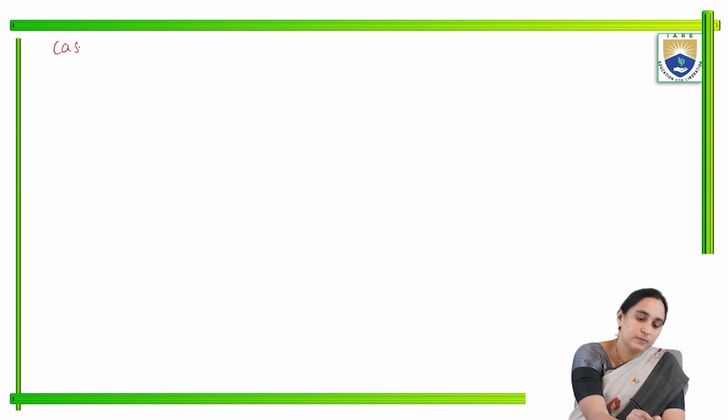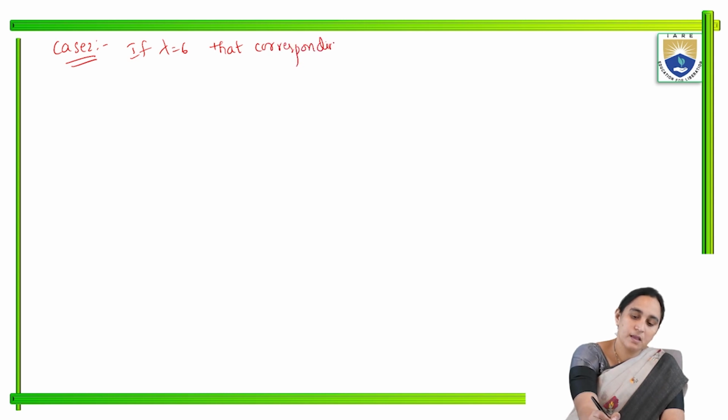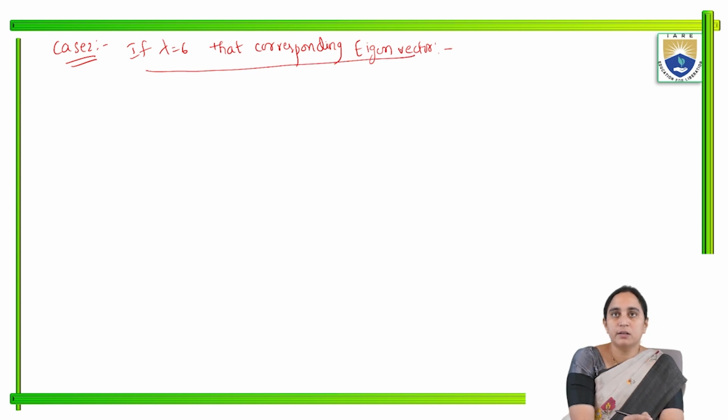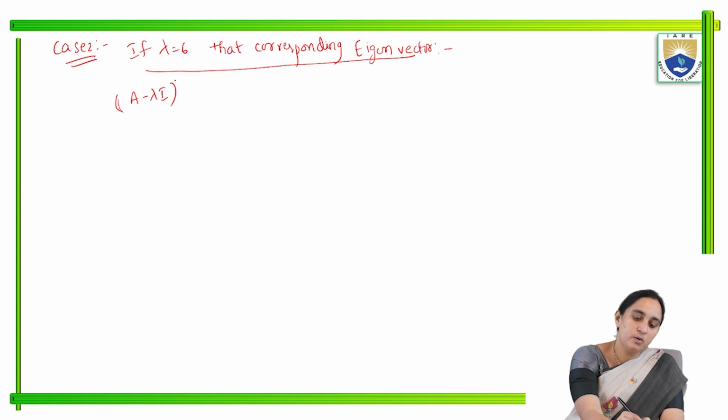Okay, case 2. If lambda is equal to 6, the corresponding eigenvector, for that, what about the formula? A minus lambda I into x is equal to 0.